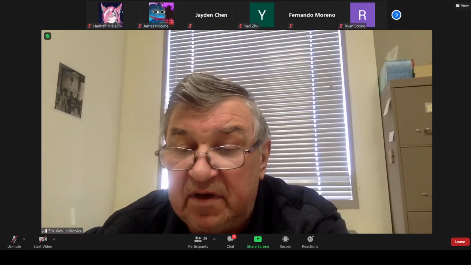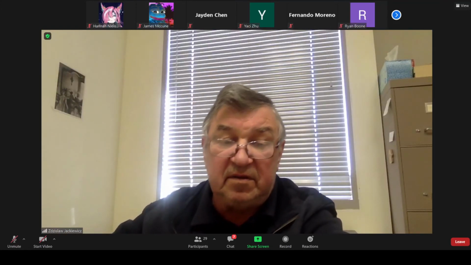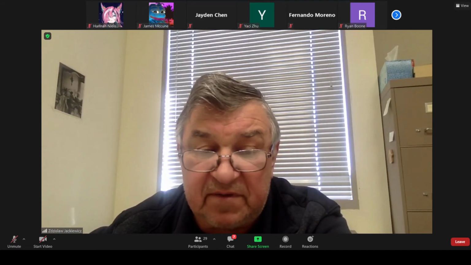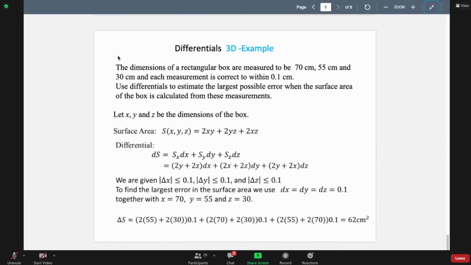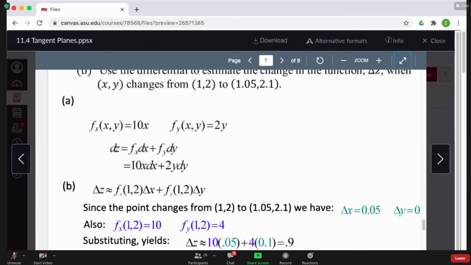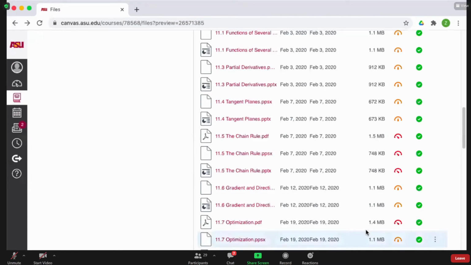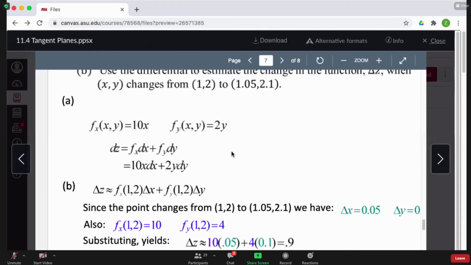So maybe let's look at the next section, and we will not finish this, but let's maybe start. So we covered the tangent plane. Now the chain rule. Let's check it. Section 11.5, the chain rule.